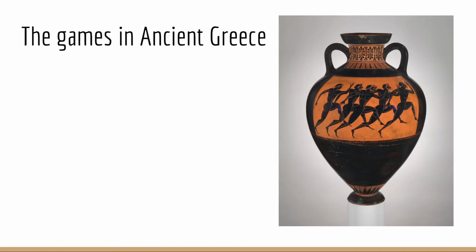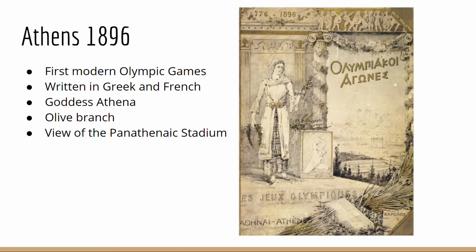After ancient Greece civilization finished, for a longest time there were no Olympic Games. It used to happen every 4 years, but then there was a big time, thousands of years where nothing happened. Until a little over 100 years ago, when the first modern Olympic Games happened.